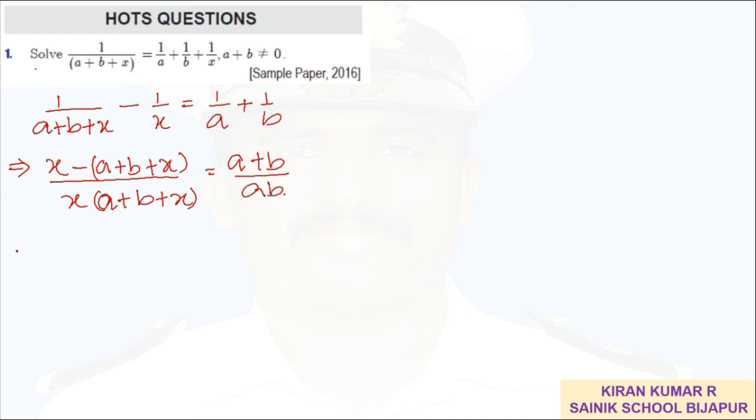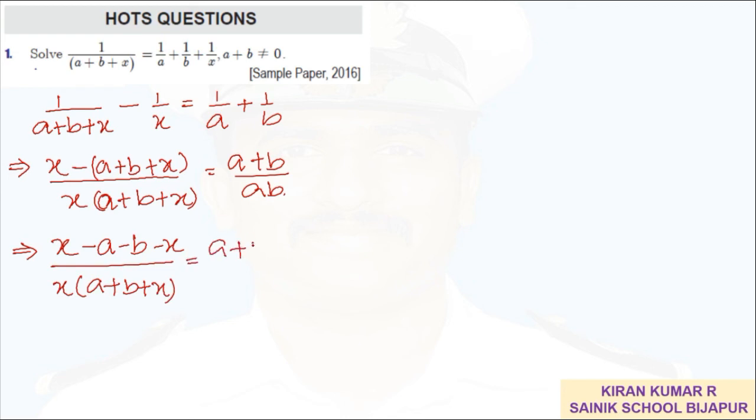Further simplify, we will be getting x minus of a minus b minus x divided by x times of a plus b plus x, which is equal to a plus b by ab.